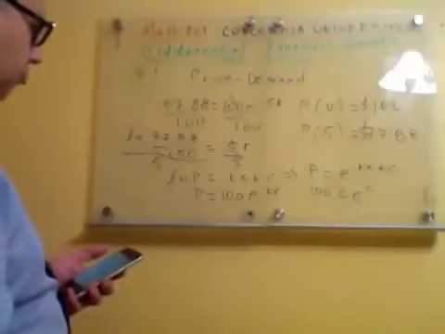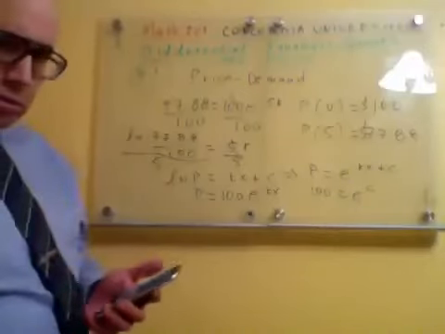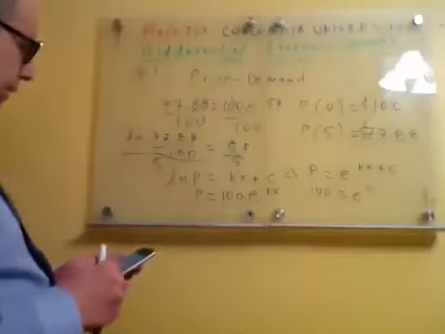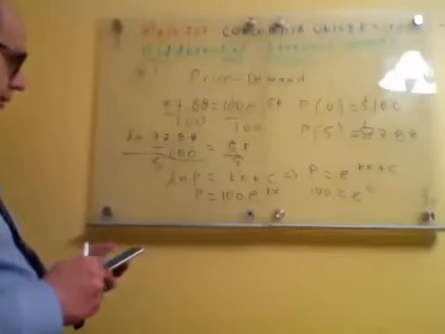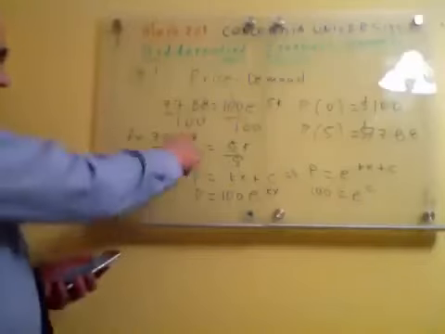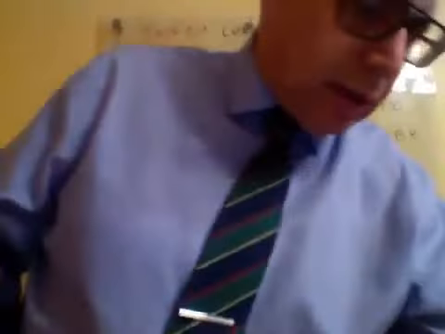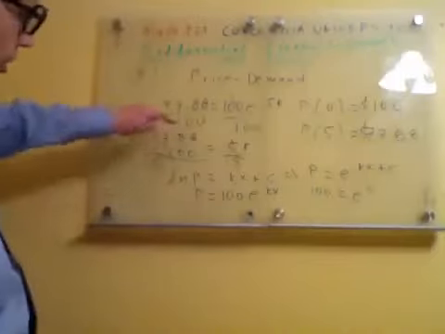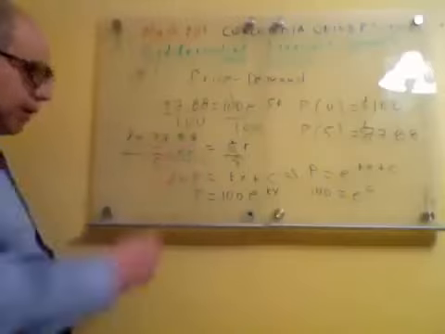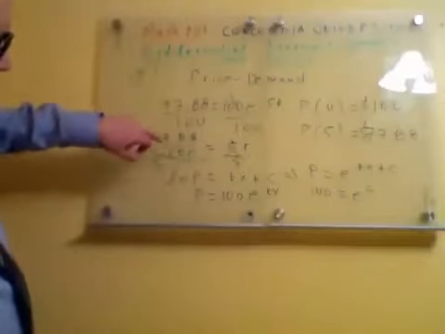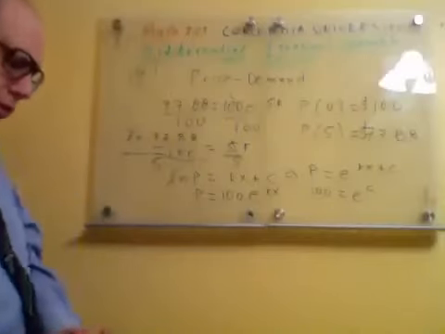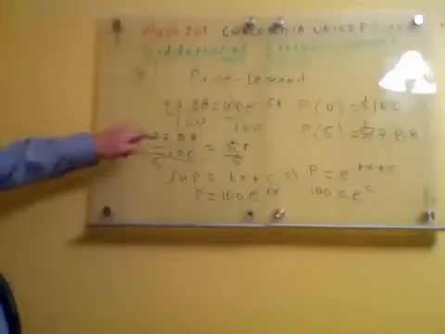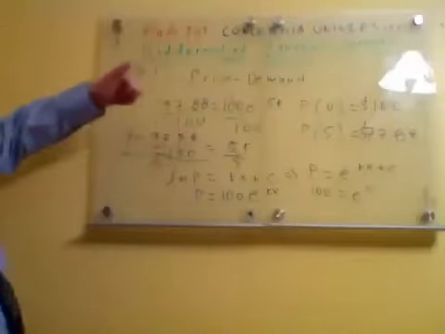The only thing we have to calculate is this: I don't have a calculator handy in front of me, but if you do this calculation, because 77.88 over 100 is less than 1, the ln of this is negative.